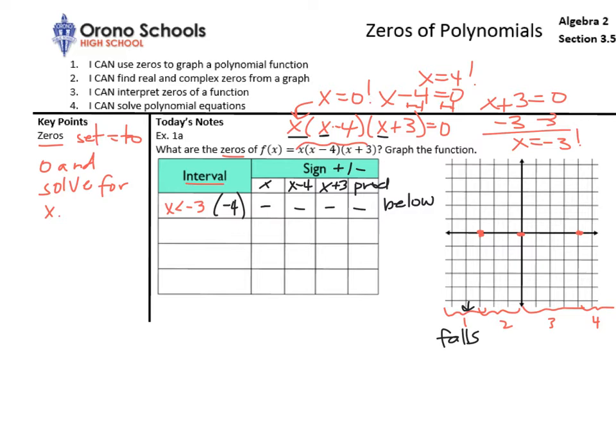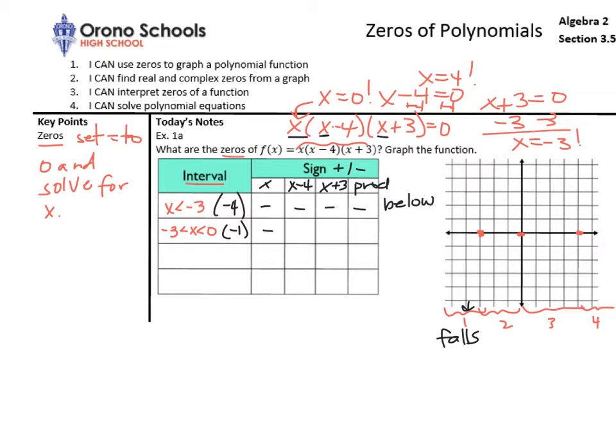So we're going to be down here below the x-axis, which means on the left-hand side, the graph will be falling. Now in the middle, in section 2, I'm between negative 3 and 0. For my interval then, I'm literally going to write between negative 3 and 0. Pick any number you want that fits that description. I'll pick negative 1. If I plug in negative 1 for all 3 of my x's, my first x would stay negative.